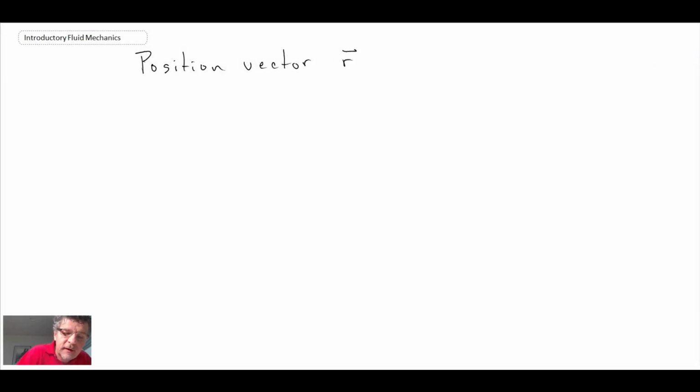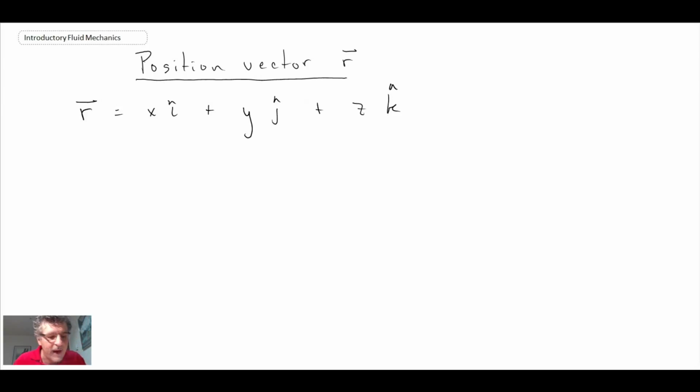So this could describe the position of a fluid particle. It could also describe a position that we're interested in within our coordinate system. And so you've probably seen this in your math courses. And here we have i, j, k, and those are unit vectors.